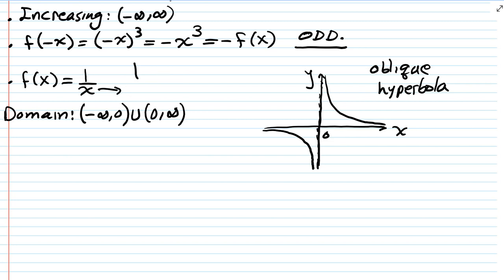And that's the whole purpose of domain. What can I plug into this function? Anything. I can plug in anything but 0. The range is likewise the same. It's from negative infinity to 0 union 0 to infinity. For the range, again, you can see y always exists, except at 0 things kind of blow up.